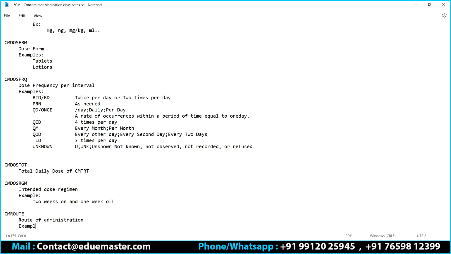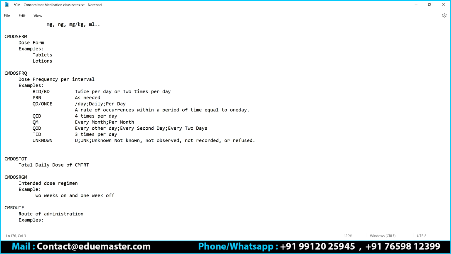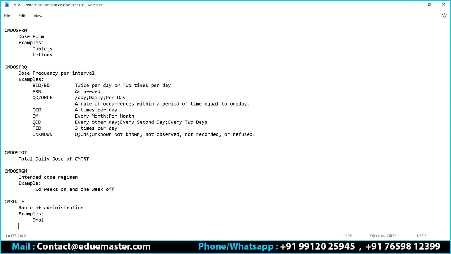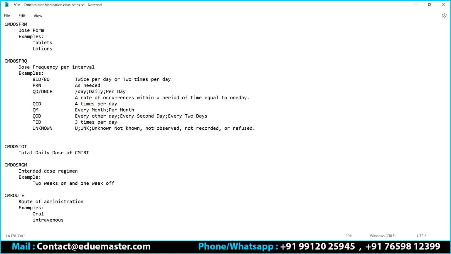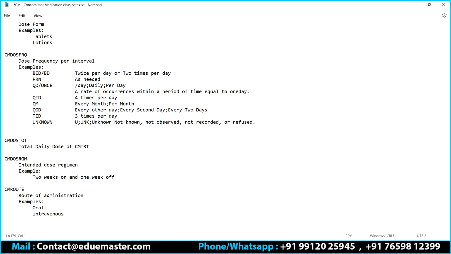The examples: are you taking them orally, or how you are taking them? What are the other things there? Can I say intravenous, right? Directly to your vein system. All those are how we are taking this particular medicine.